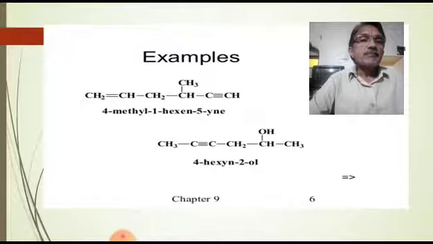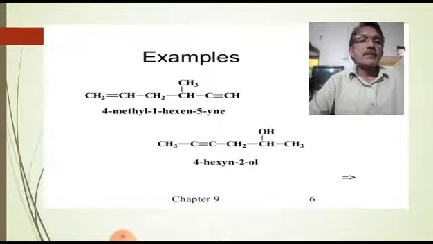One more example, CH3, C triple bond C, CH2, CHOH, CH3. Here a triple bond is there. An alcohol functional group is also present. Whenever an alcohol functional group is present as a substituent, numbering must be done from the side where the alcohol is present.